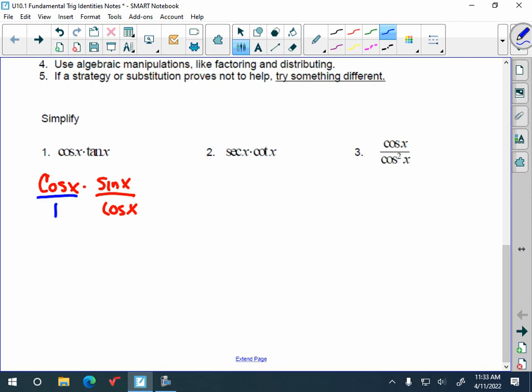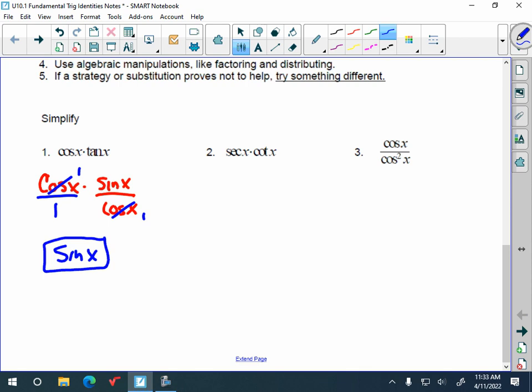And because I'm multiplying fractions, I can cross cancel. And so if I multiply what's left, it's sine x over 1, or just sine x. So that simplifies down to just sine x. Remember, when they cancel out, it's not going to 0, it's going to 1. So when you're cross canceling, these are just going to 1.